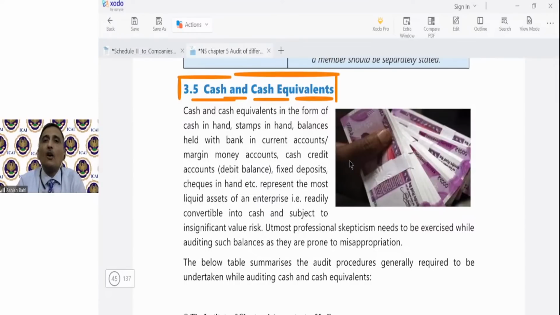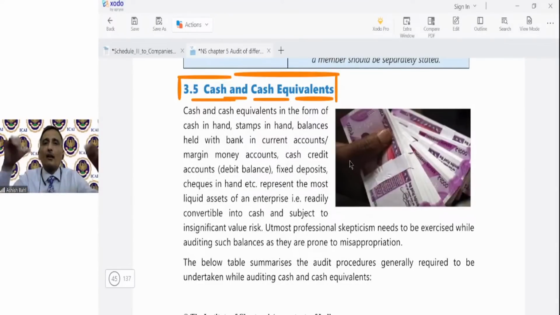Why? Because it is mandatory in Schedule 3. It is mandatory in the presentation and disclosure requirements of Schedule 3 to use this term.